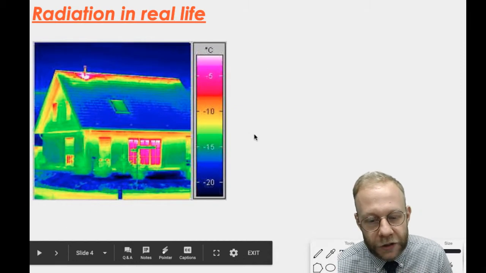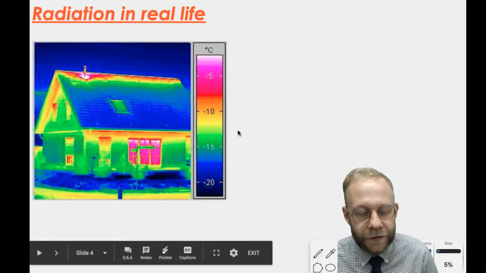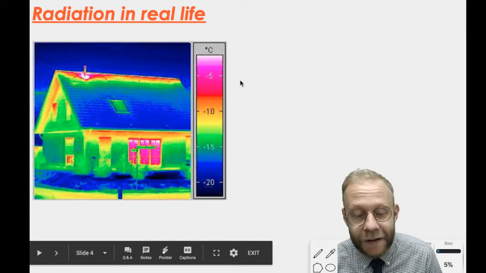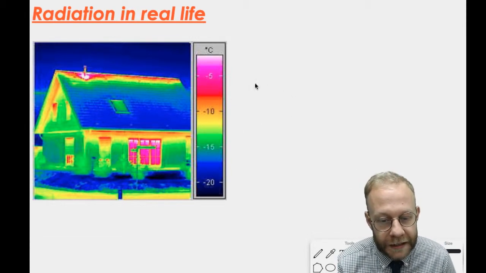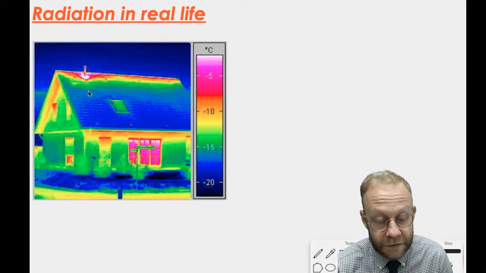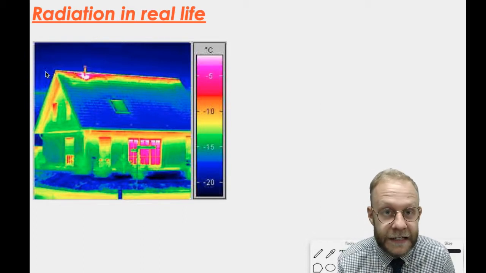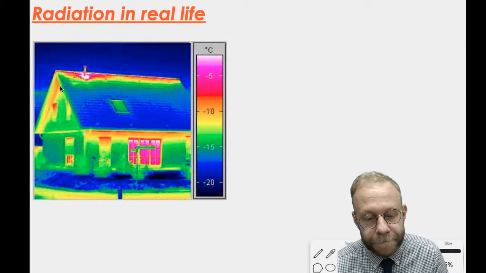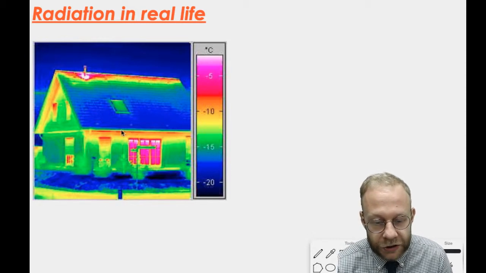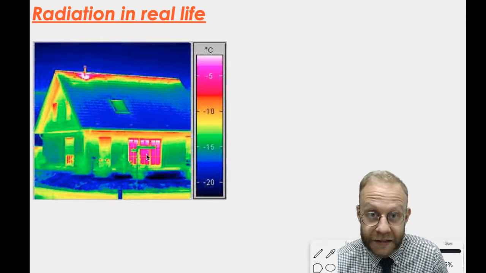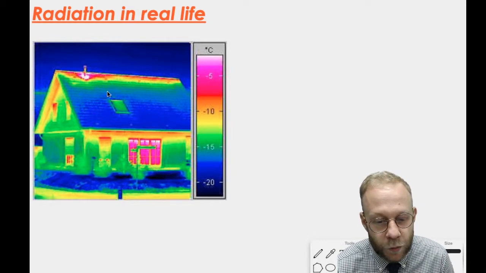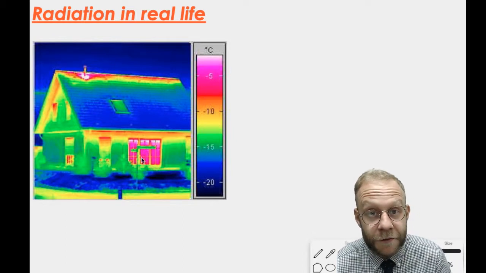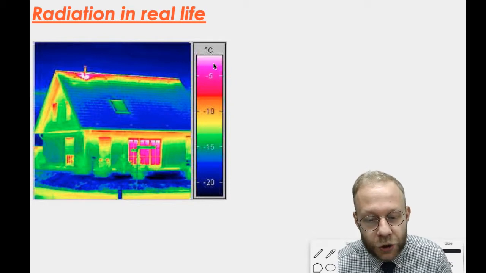So let's have a look at some examples of this. Here we've got an infrared camera that's pointed at a house. From this, what it does is it takes in the infrared radiation through the sensor, it absorbs it, and it plots it out onto a sensor plot chart like this, and you can see where it gets a lot of infrared radiation, it's coloured this pink colour.